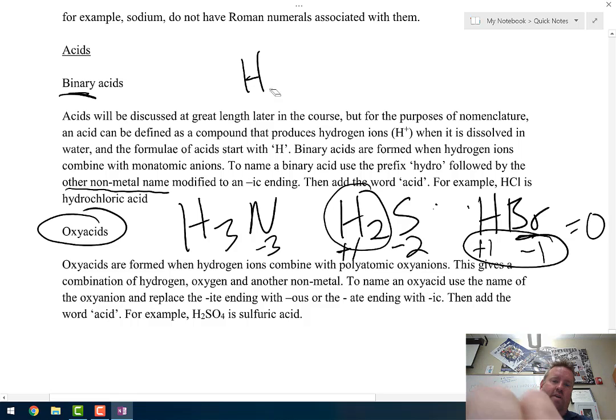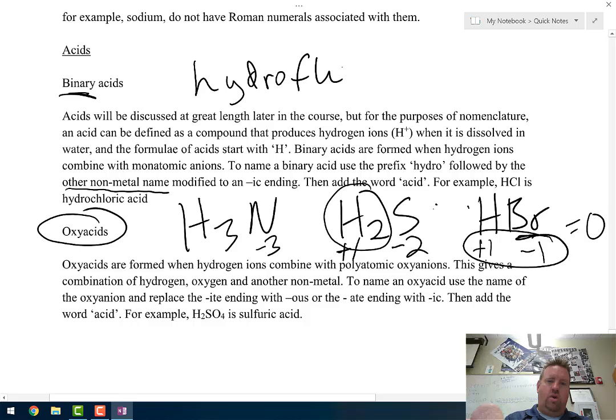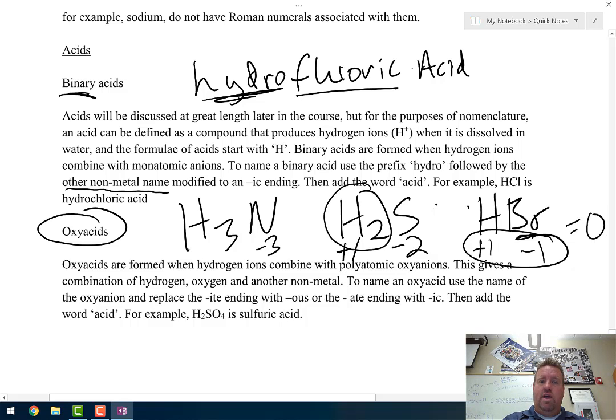So, for example, if we write hydrofluoric acid, we go, okay, it has hydro. That means it has to be a binary acid. If it's a binary acid, we know that it's just hydrogen and fluorine. So fluorine has the symbol F, and it is a -1 charge.